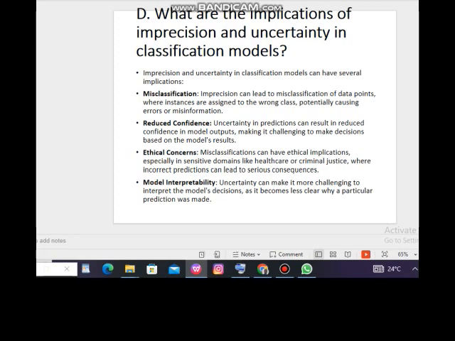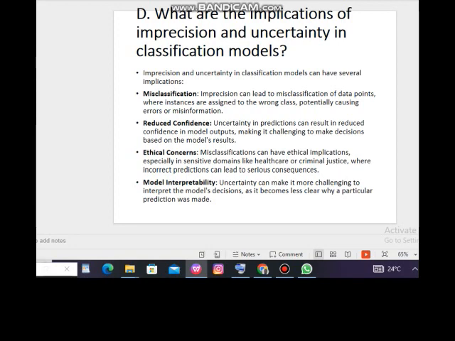The next sub question is, what are the implications of imprecision and uncertainty in classification models? Imprecision and uncertainty in classification models can have several implications. Misclassification. Imprecision can lead to misclassification of data points, where instances are assigned to the wrong class, potentially causing errors or misinformation. Reduced confidence.